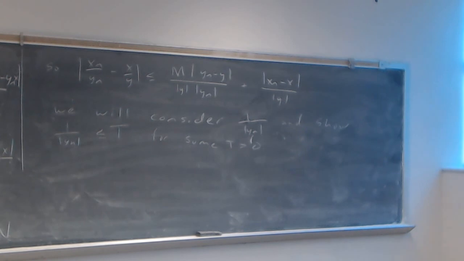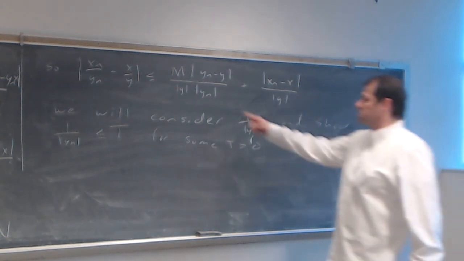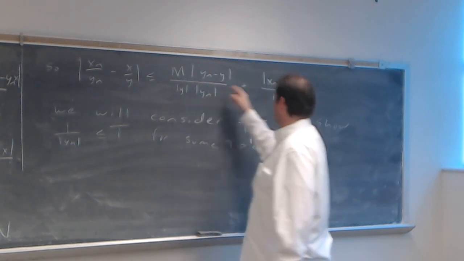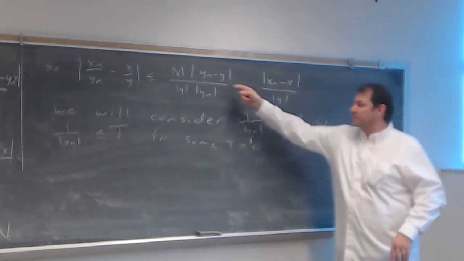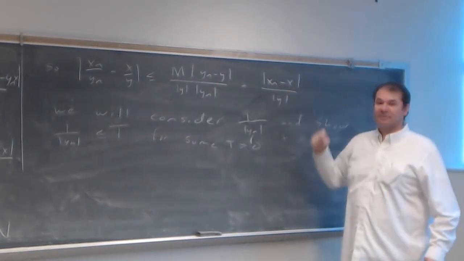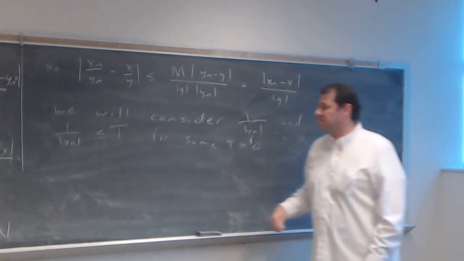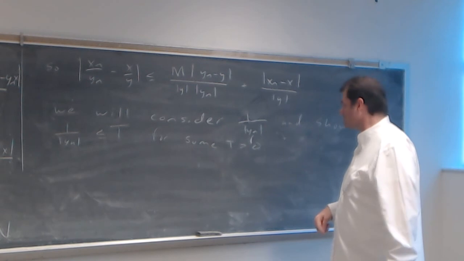So I'm going to put a bound on this thing. Somehow I'm going to say it's got to be less than or equal to this number, so that I will be able to replace 1 over the absolute value of y sub n by a t, and then get everything in terms of just y sub n minus y and x sub n minus x, which I can make as small as I want, far enough along the sequences. So how come this will happen?